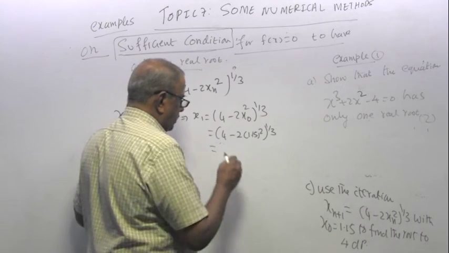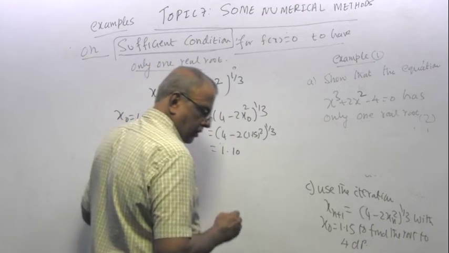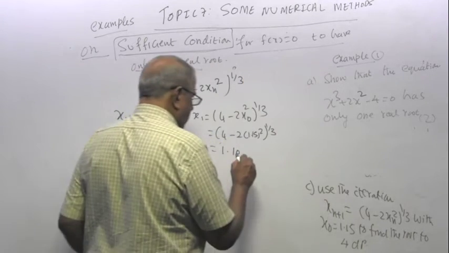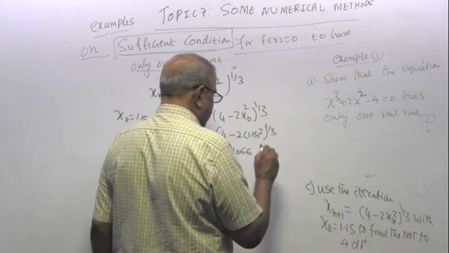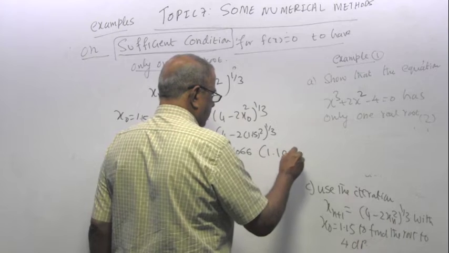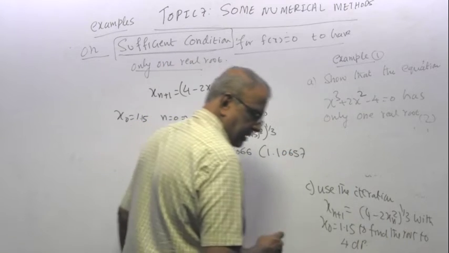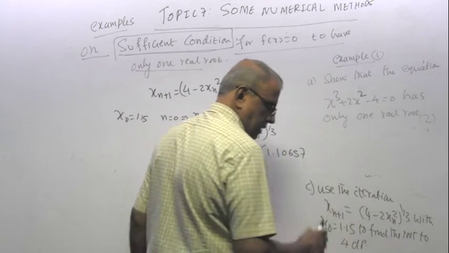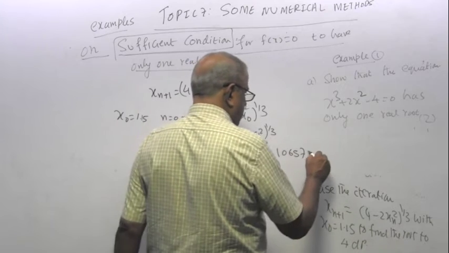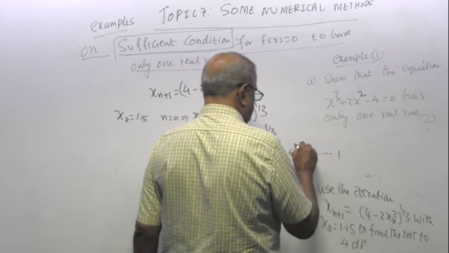I want 4 decimal places, so 1.1066. But the answer is 1.10657 blah blah blah. This is the answer.